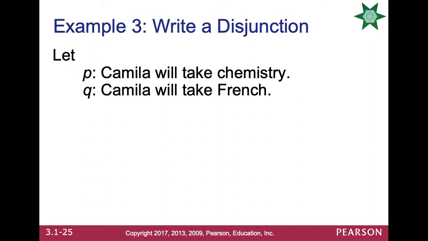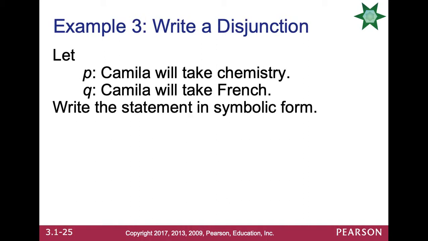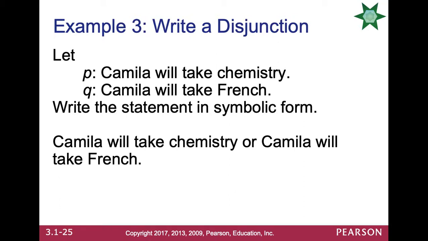So let P be the statement, Camellia will take chemistry. Q is Camellia will take French. So let's write this in symbolic form, as a disjunction. Camellia will take chemistry or Camellia will take French.